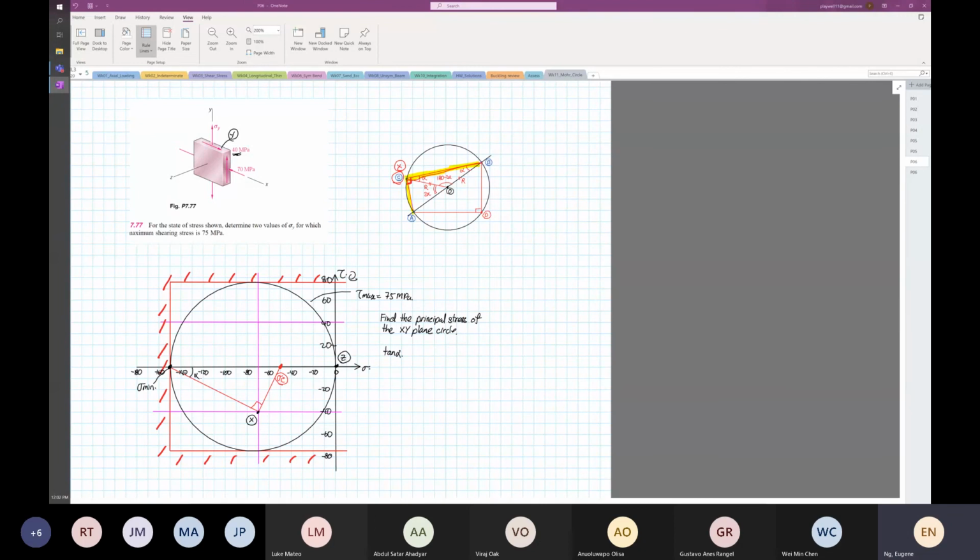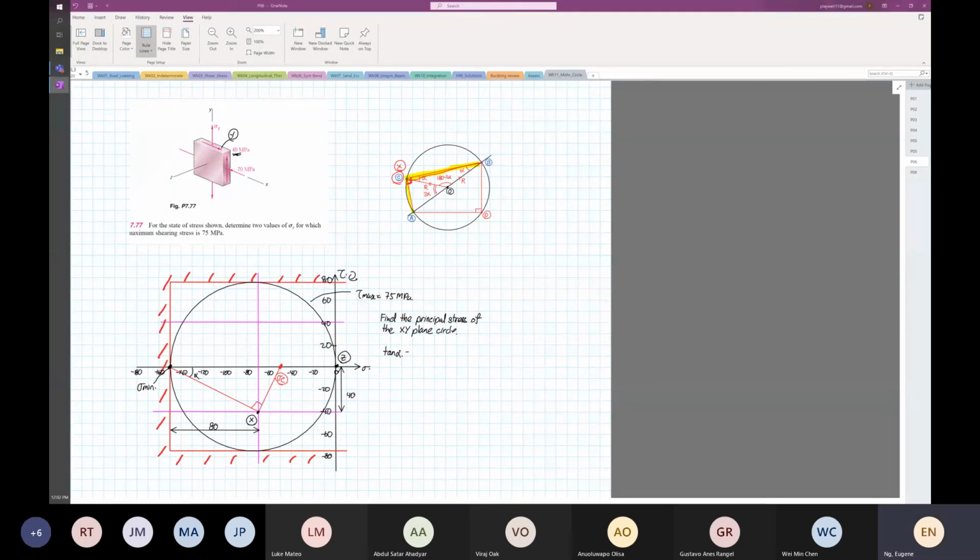We know the distance from here to here, which I've just drawn, is equal to 40, and the distance from here to here is equal to 80.